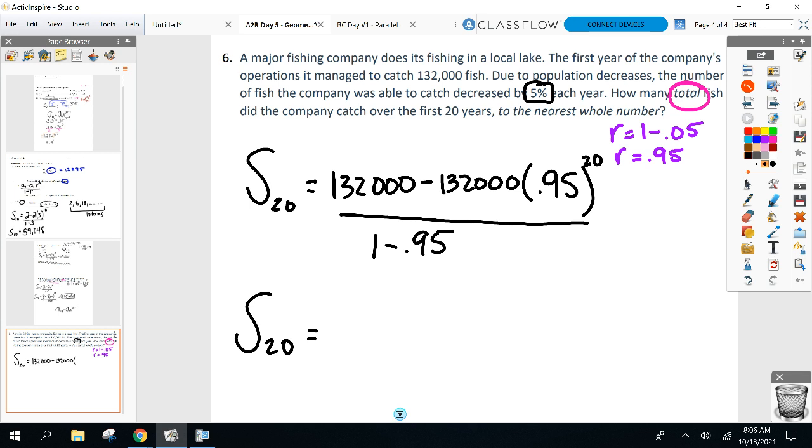1,000,000. Nope, that's not what I got. I got 1,609,000.